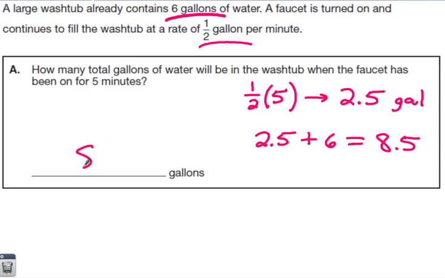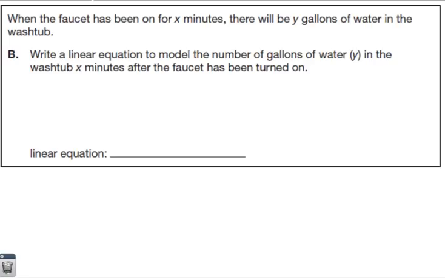We didn't have to do that here, but be ready for the fact that they sometimes want you to show every piece of math on your way to getting the final answer. So 8.5 gallons.